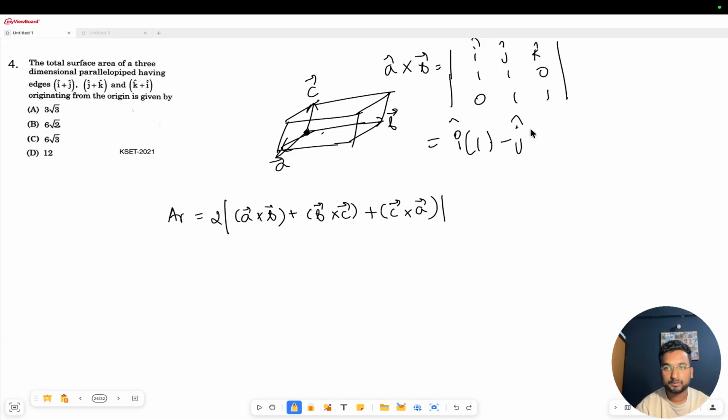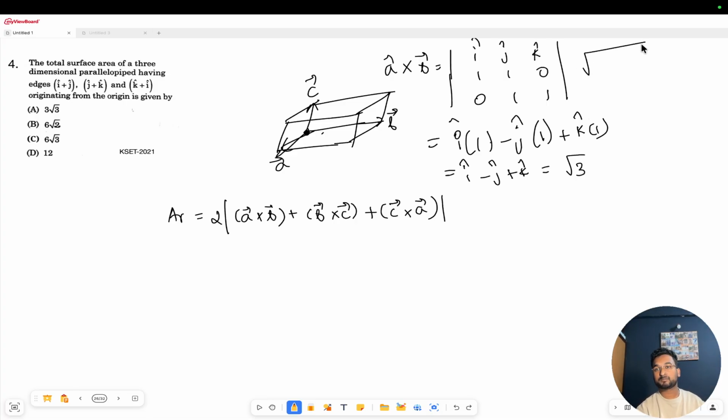The i cap will be 1, the j cap you will get minus 1, and the k cap you will get 1. So this is i cap minus j cap plus k cap, and the magnitude of this will be root 3.